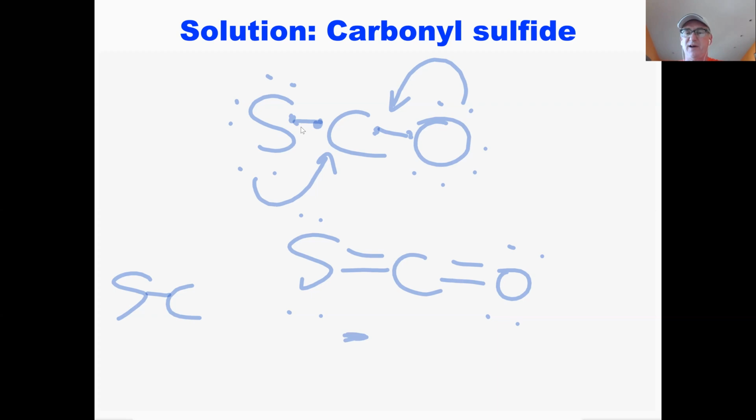What about the difference between carbon and oxygen? Is that a dipole? A bond dipole? Electronegativity of carbon, 2.5. Electronegativity of oxygen, 3.5. Is that a polar bond?